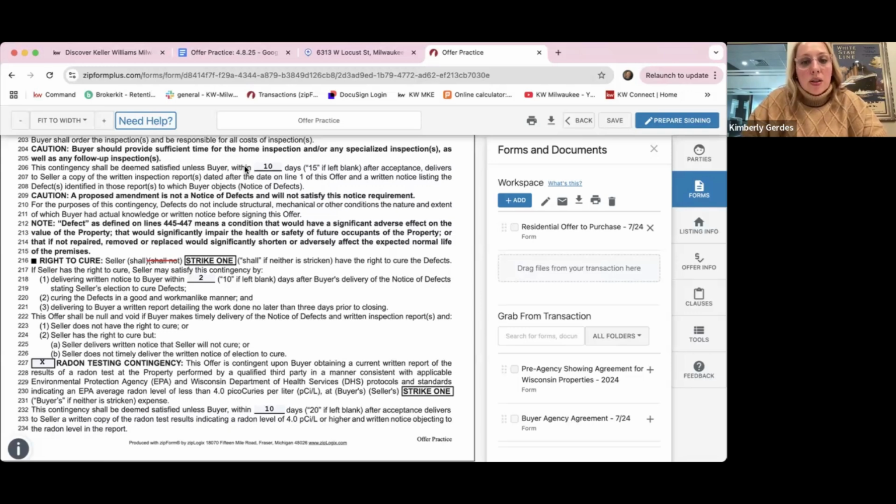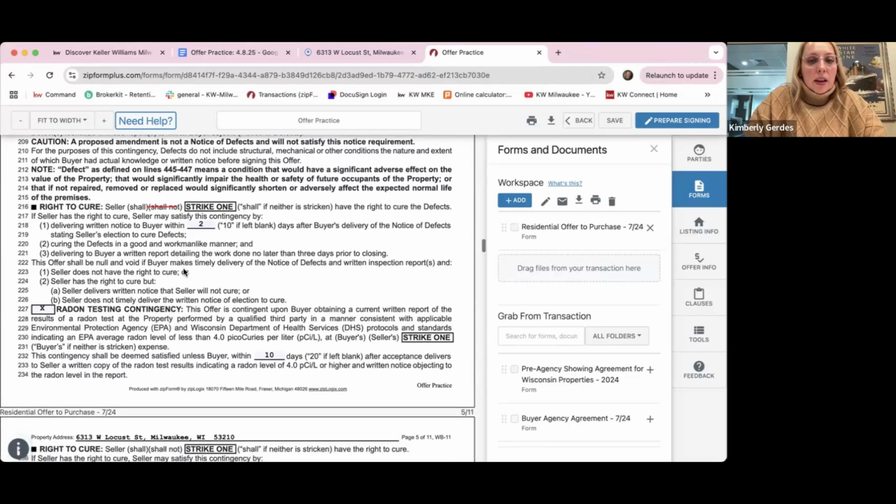So when your buyer delivers a notice of defects, this is now showing the seller, hey, you've got to fix all of these things. And you're really then giving the seller the right to cure everything that is listed in that notice. The seller has the opportunity to cure it, or the seller can say, no, I'm done. And if they say no, the deal is dead.